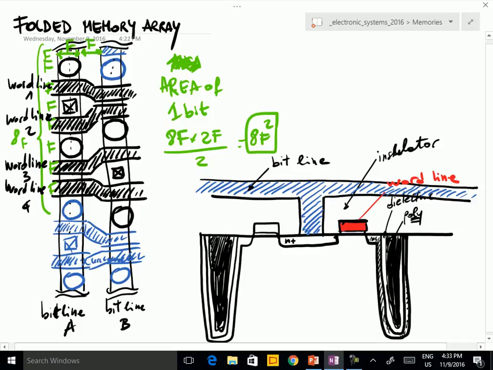So this is again N+. So there is the source and one plate of the capacitor, and then the dielectric and the other plate, which is in the hole.